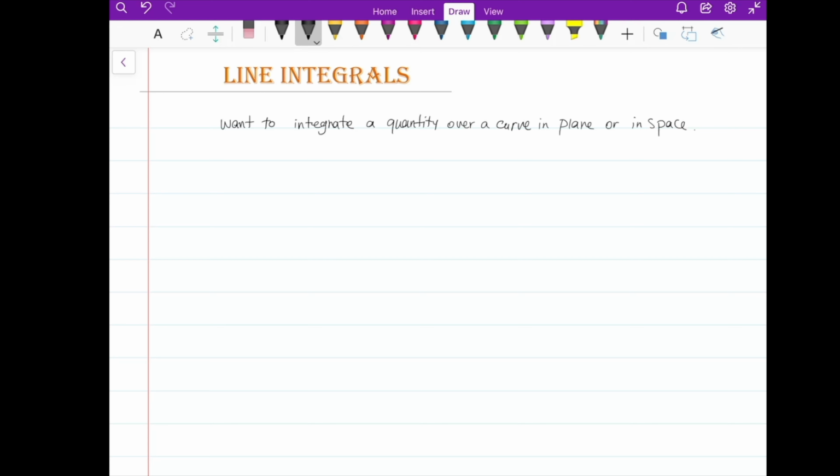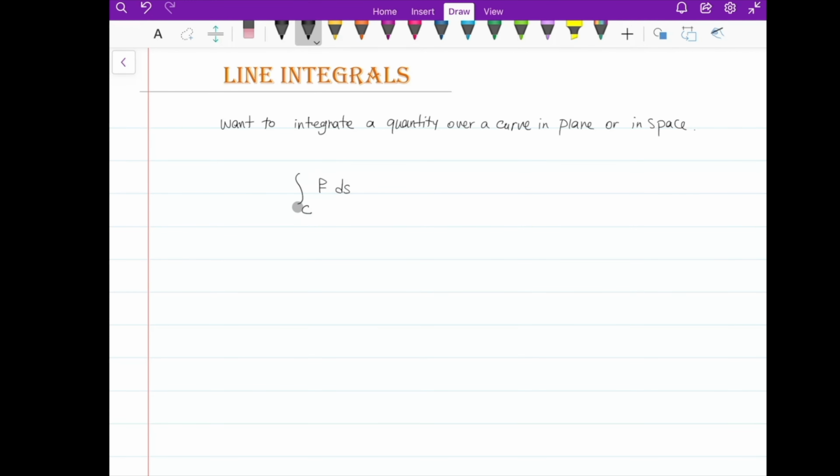So basically we want to calculate the integral of a function over a curve C. Actually, the curve C is just a one-dimensional object, right? It's just a curve, but it lives in R3.